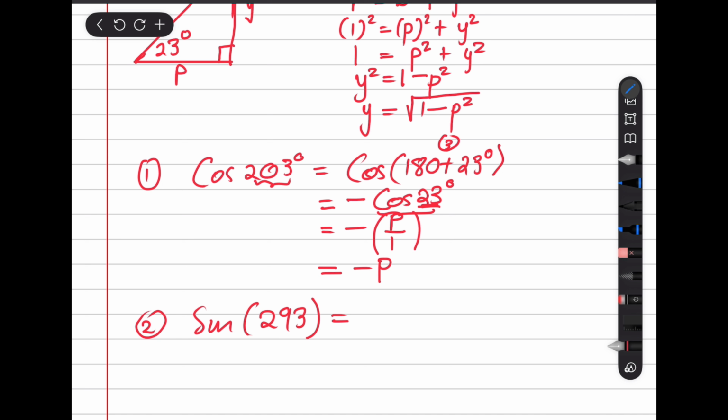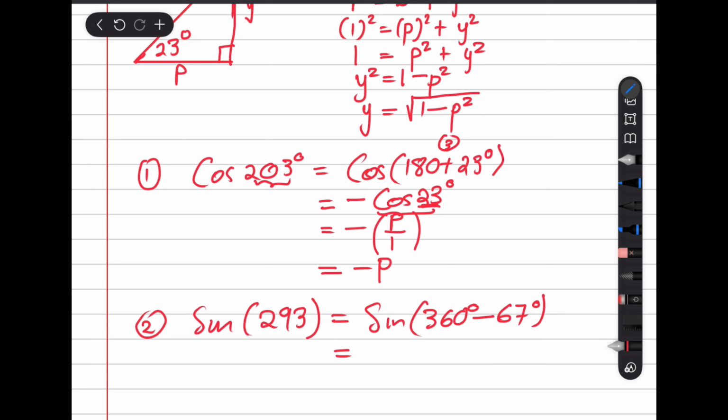We are going to use our reduction formulas. 293 is in the fourth quadrant, so we use 360 minus. When we say 360 degrees minus 293, we get 67.